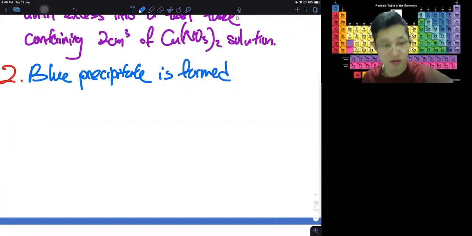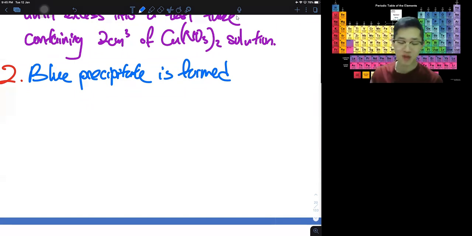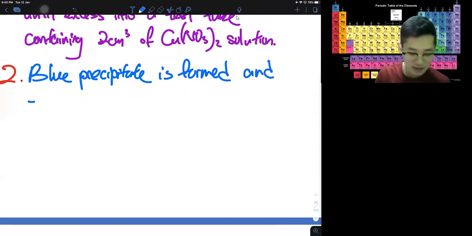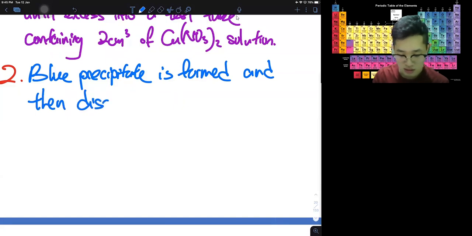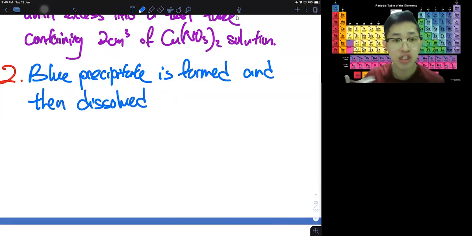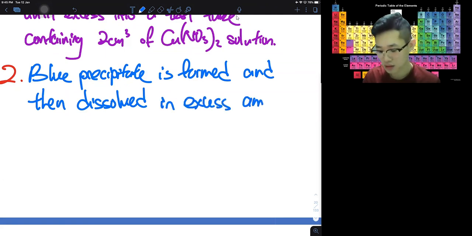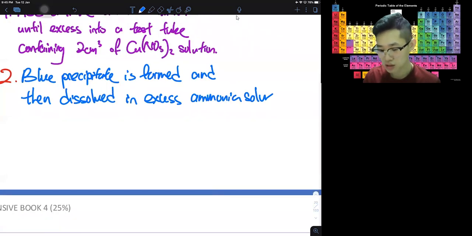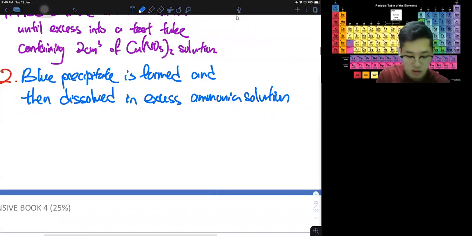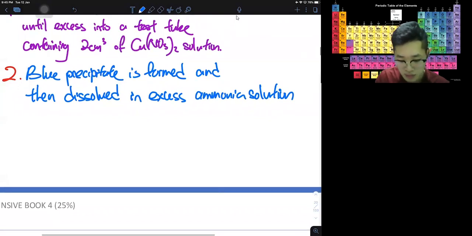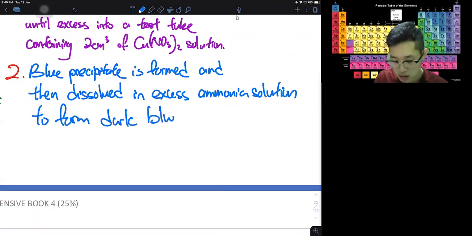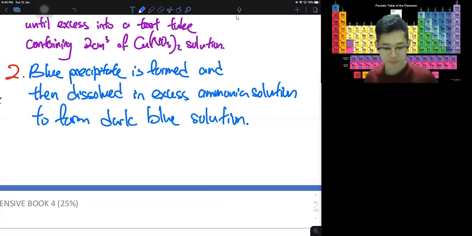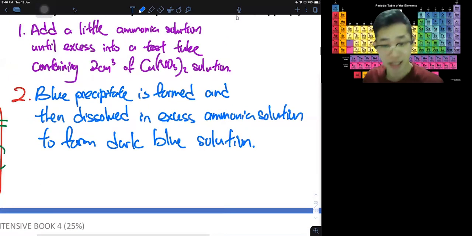Copper must form blue precipitate, and then it dissolves in excess ammonia solution to form a dark blue solution. Just like that, okay?